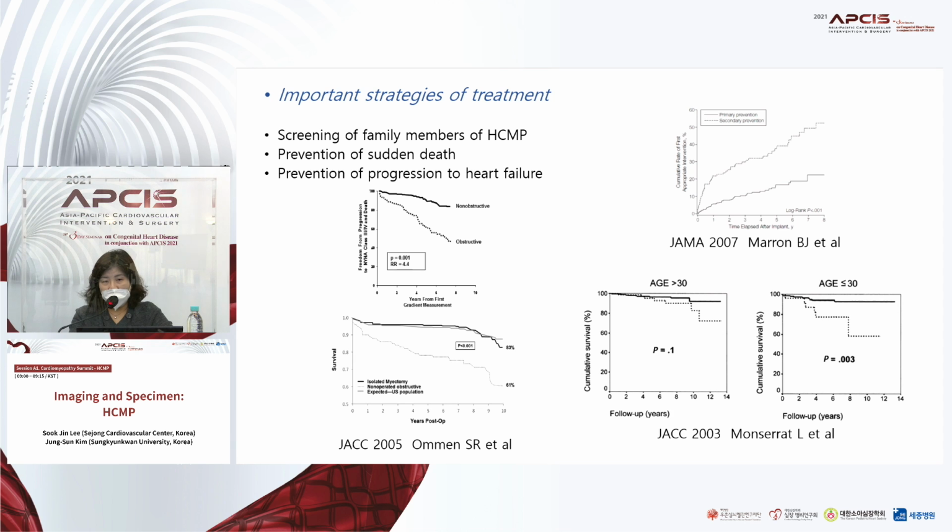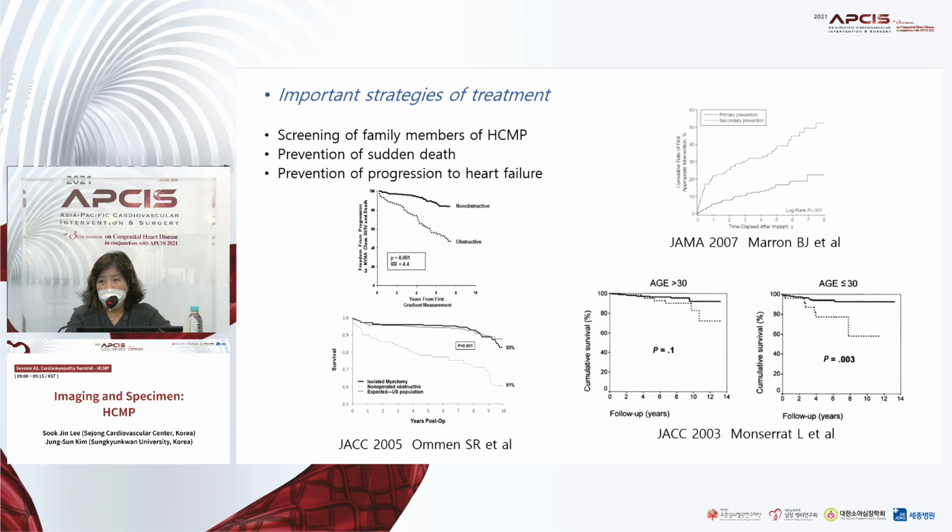But the diagnosis is very important because we have tools to prolong their survival. The most important part is the screening of family members of HCMP patients, and prevention of sudden death and of progression to heart failure. As you see here, in obstructive cardiomyopathy the survival rate can be improved with septal myectomy.